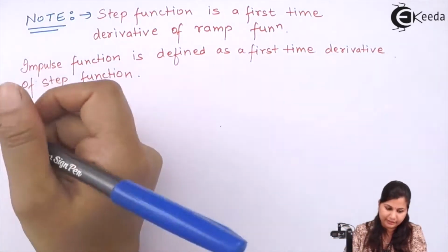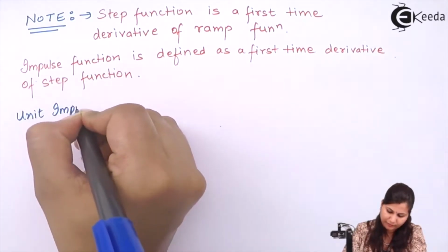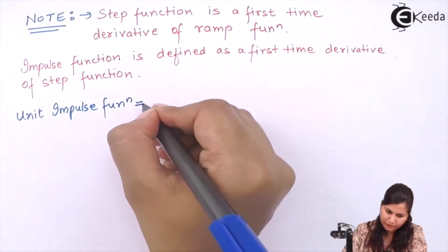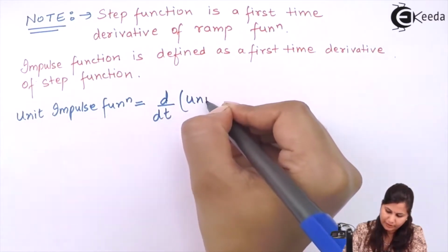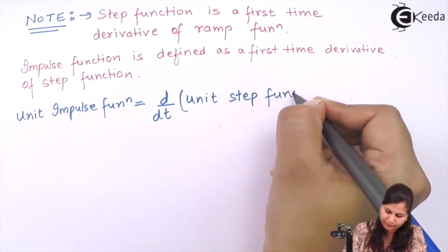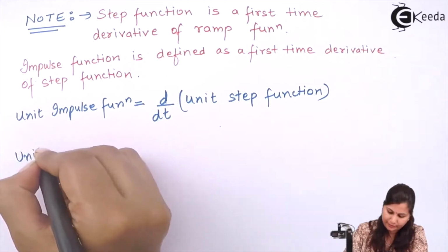So if we write it this way, we have the unit impulse function equal to d by dt, that is, the first time derivative of the unit step function.